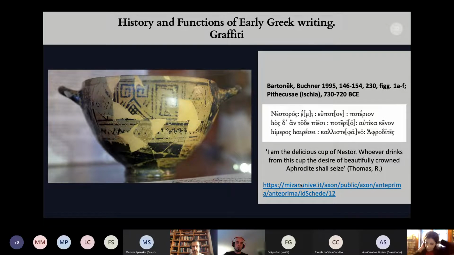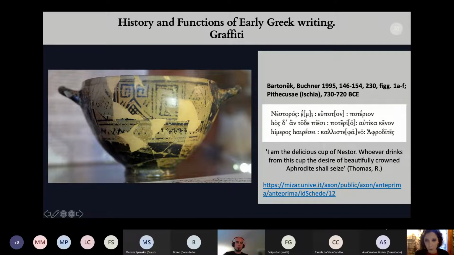This inscription is very remarkable indeed, because it's in verse, or quite in verse, because it's not also regular, and it's also on a very good vessel. So you can see the expertise behind the creation of the vessel and behind the inscription.